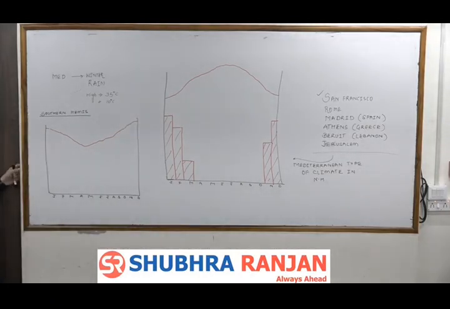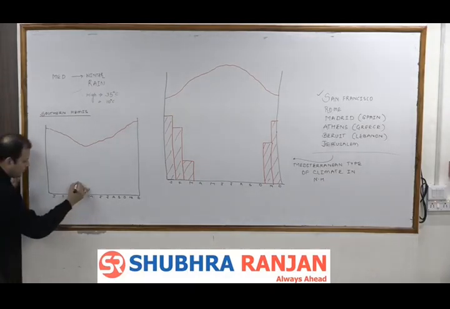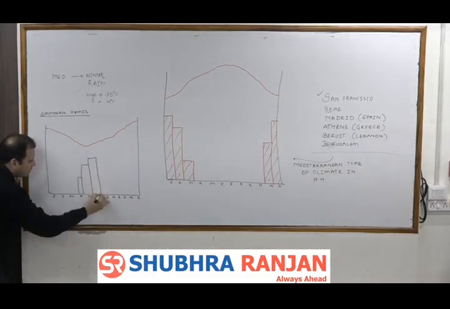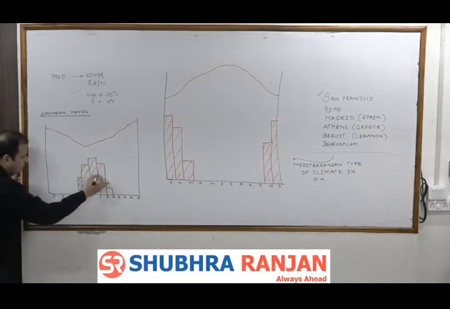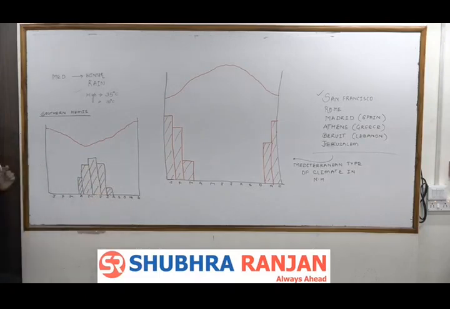Is this the chart of the southern hemisphere? Exactly opposite. Understood? This is exactly opposite. And how will the rainfall be? April rain, May rain, highest rainfall in the month of June, then July, and to some extent rainfall in the month of August. So this is the chart for Mediterranean type of climates in the southern hemisphere.